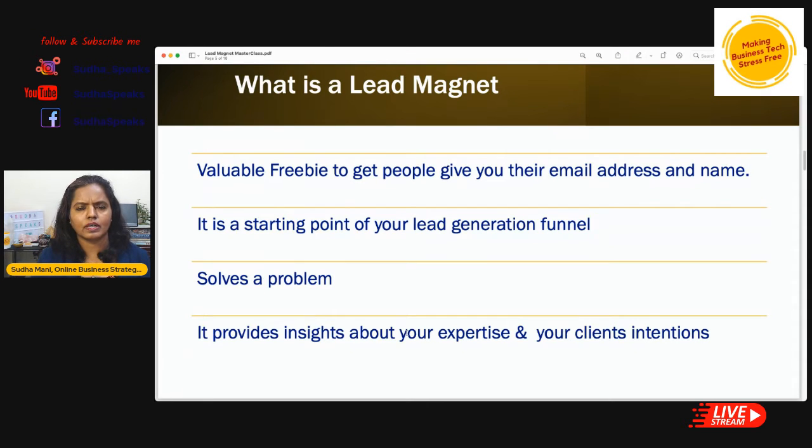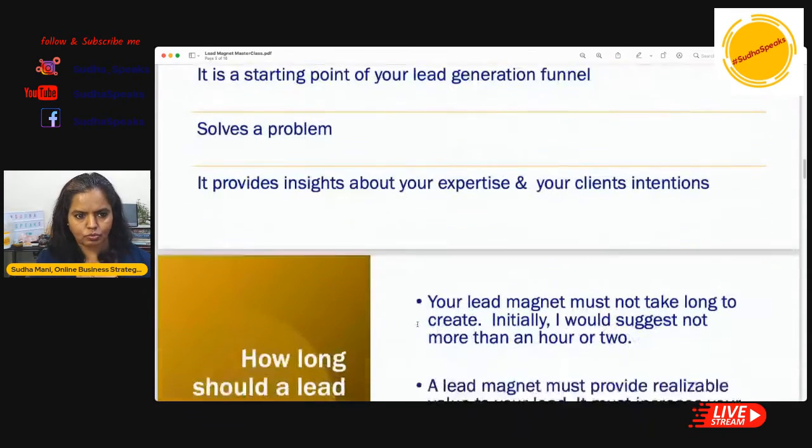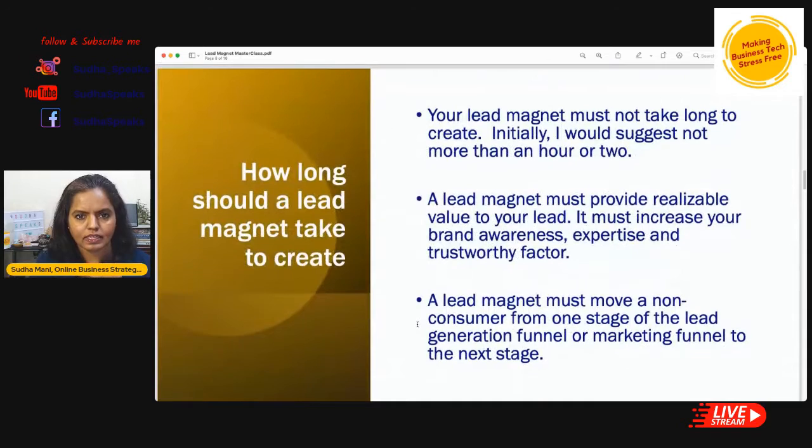And once they like your lead magnet, that creates a like, and they think, okay, this makes sense, and they've taken an action, they've got a result. It creates trust. So can you see, the know, like, and trust element is built through a lead magnet. It is a lot easier than being on social media all the time. So that is what a lead magnet is.